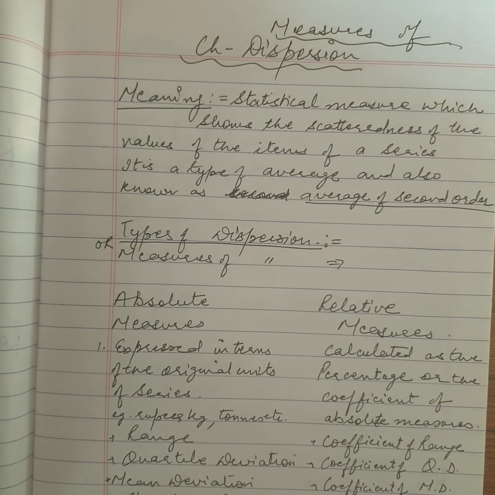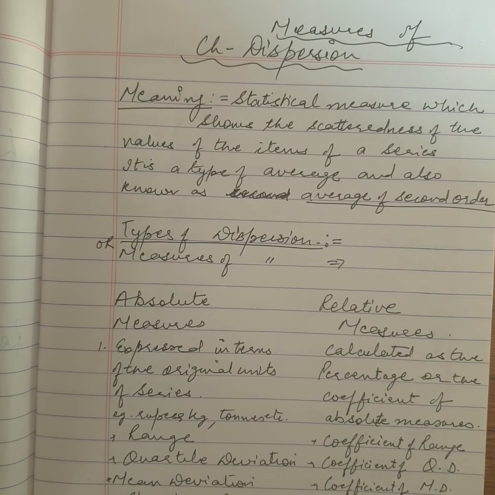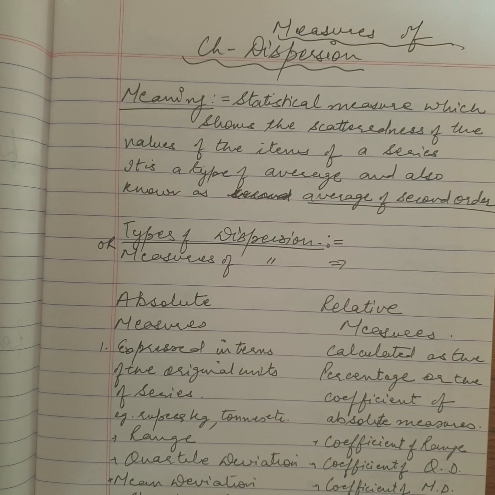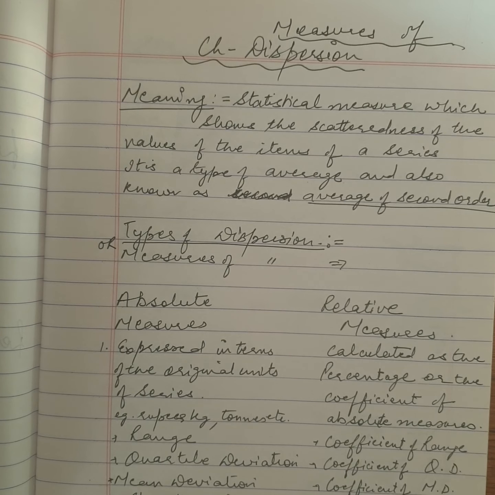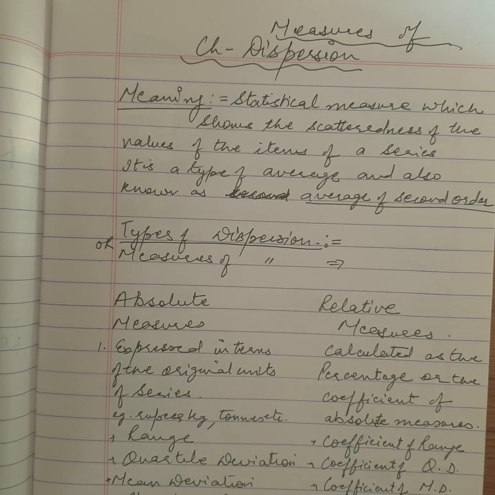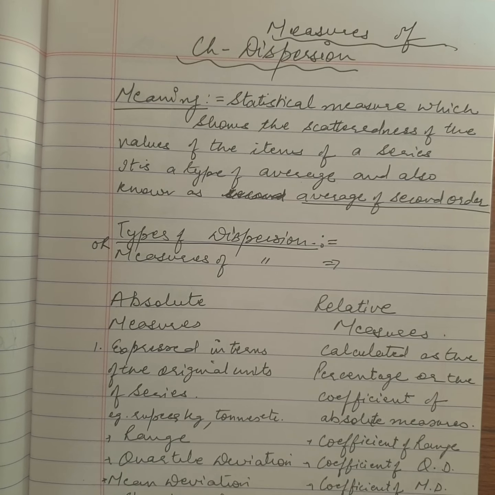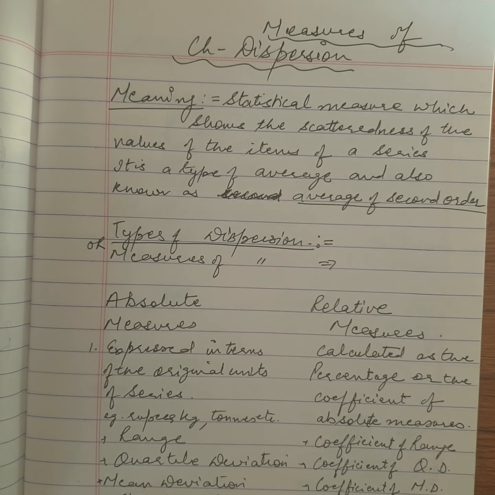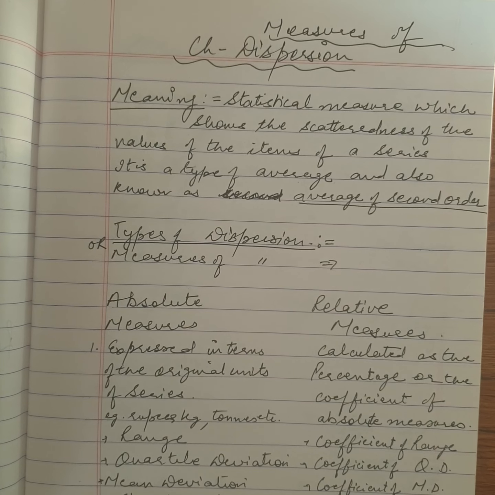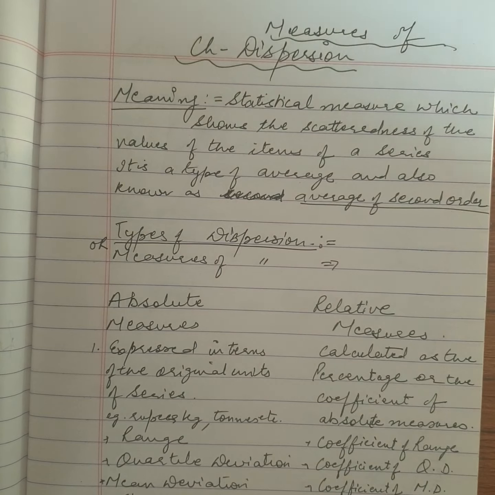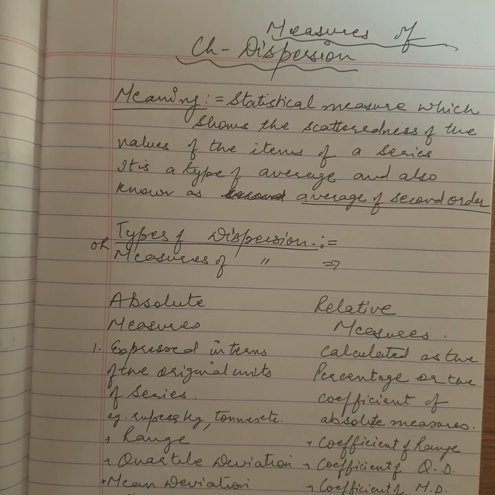Average of second order means first we take simple average, that is mean, median, mode, but now from that average we measure the spread of data from the average value, so it is known as average of the second order. It's very simple, it's easy to calculate, it's based on all the observations and it's not affected by sampling fluctuation also.